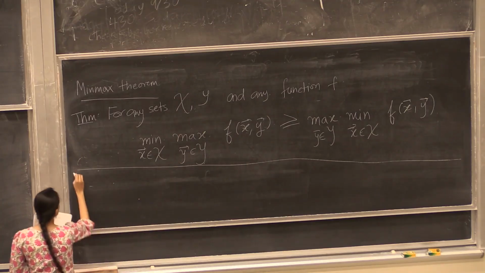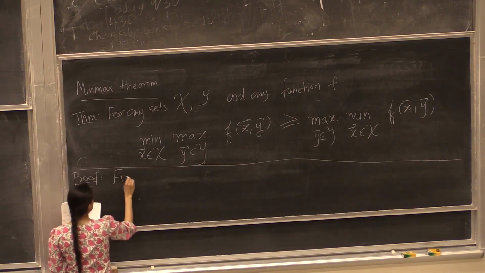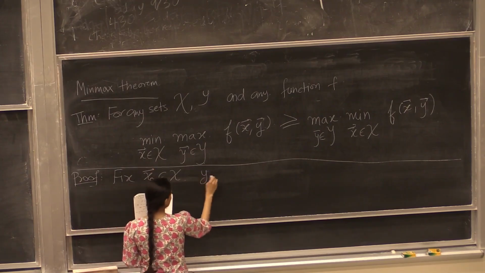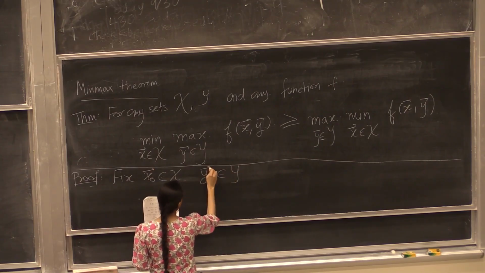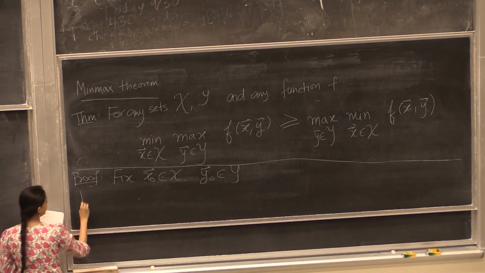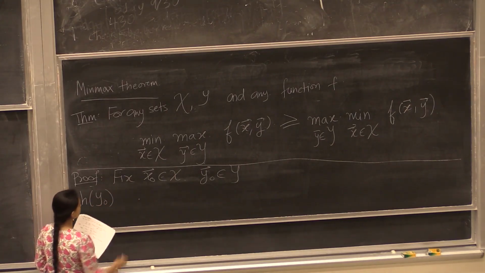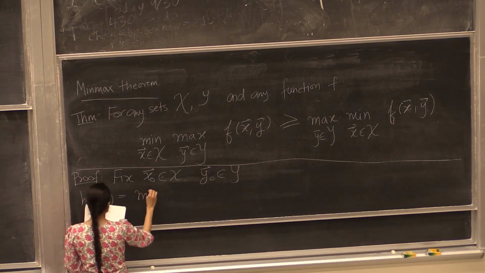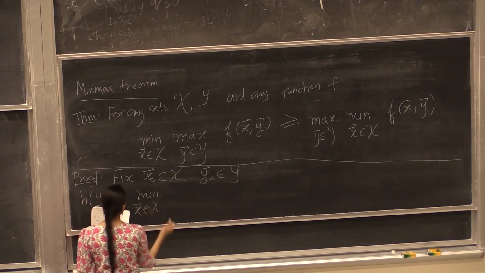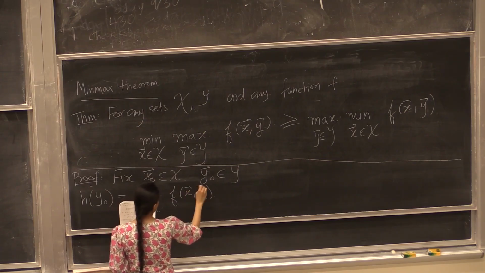So I'm going to fix some x naught belonging to X, and y naught belonging to Y. And then I'm going to define this function h of y naught, which is the min over all x belonging to X of the function f of x, y naught.